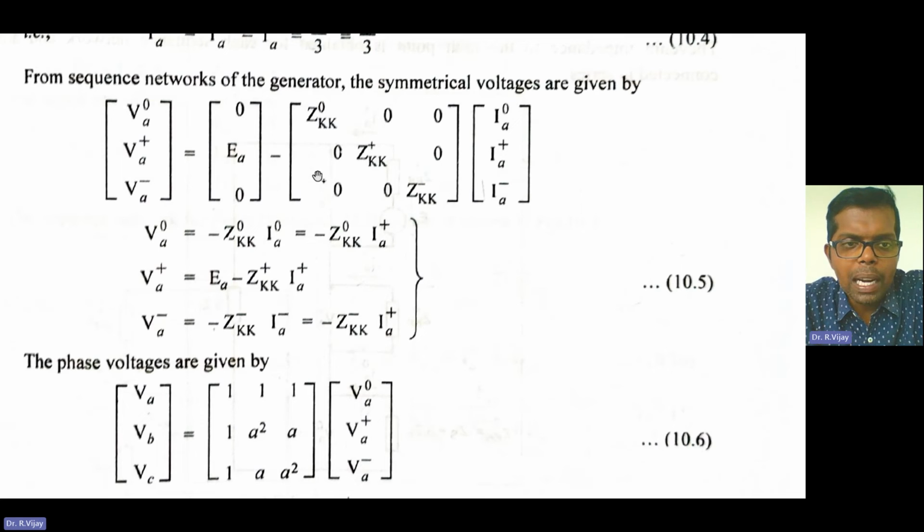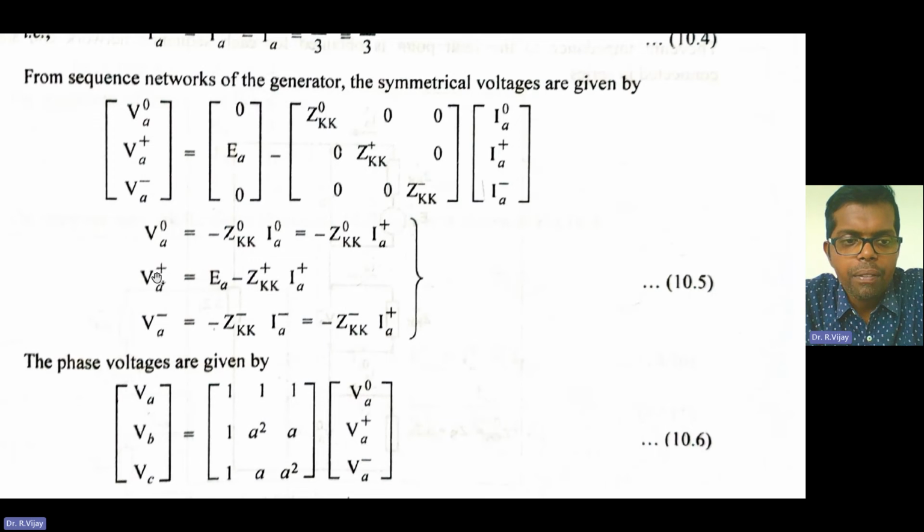Now we multiply this and find VA0. If you multiply this matrix and simplify, we get VA0 equal to minus ZKK0 into IA0, that is nothing but minus ZKK0 into IA positive, since IA0 is nothing but IA positive.